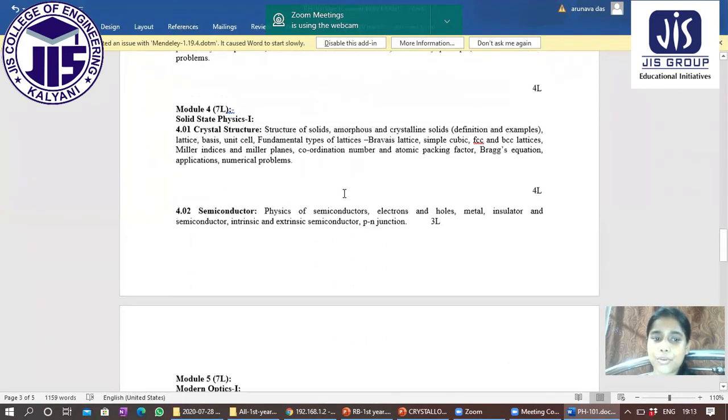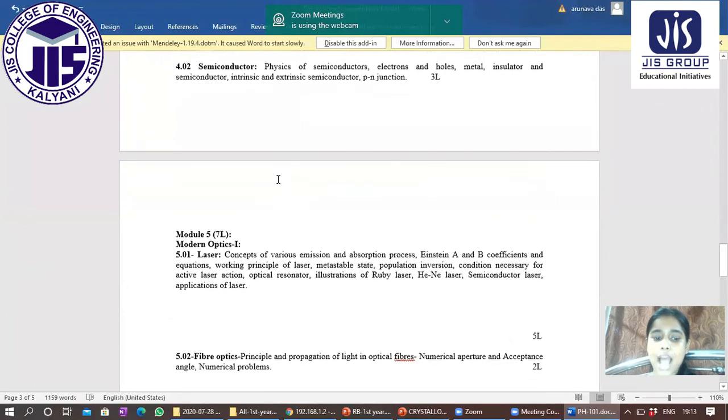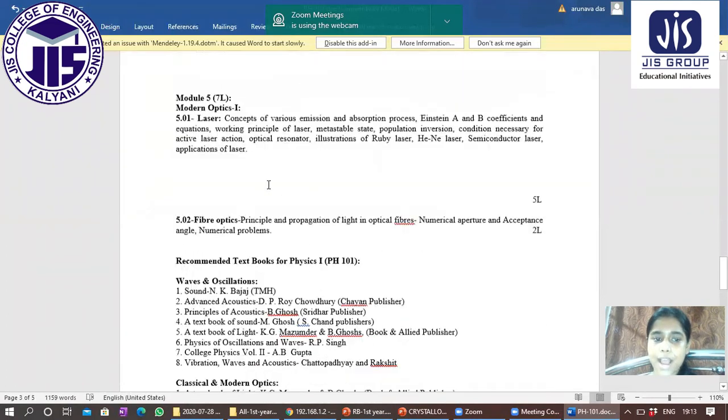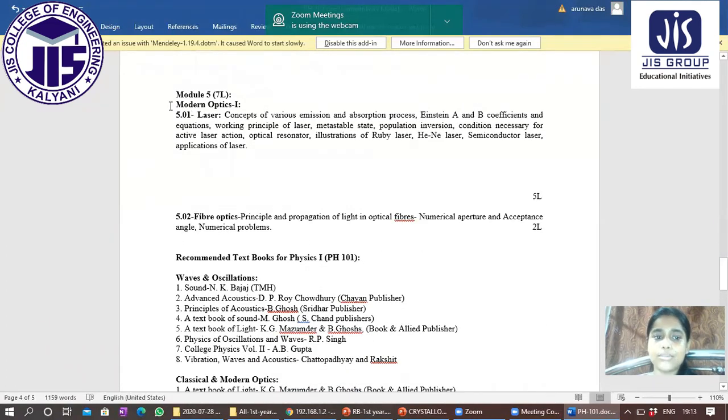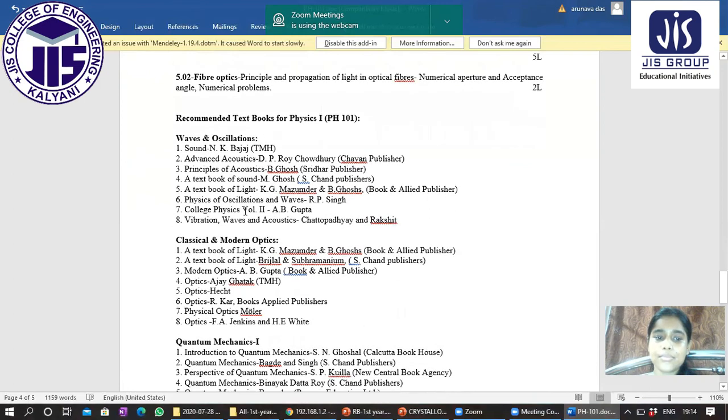In module 4, there is solid state physics 1, where we'll discuss crystal structure and semiconductors. And in the last module, module 5, we'll discuss modern optics, where there is laser and fiber optics. So this is your syllabus, and these are some recommended books for all of you.